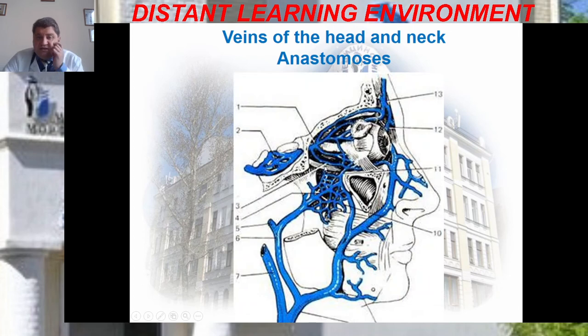Also, you can see the facial vein, which passes from the face to the neck. And in detail, you may see the pathways of these metastases. For example, with Scriabin, you may see the facial veins here at the superficial part of the face, and the anastomosis between facial veins and inferior orbital veins.